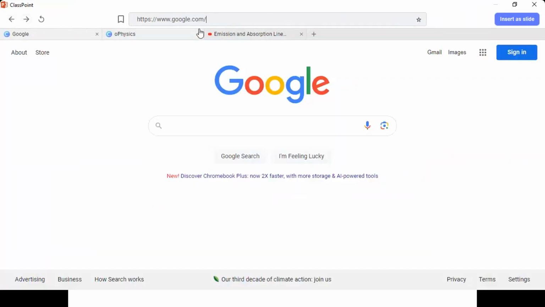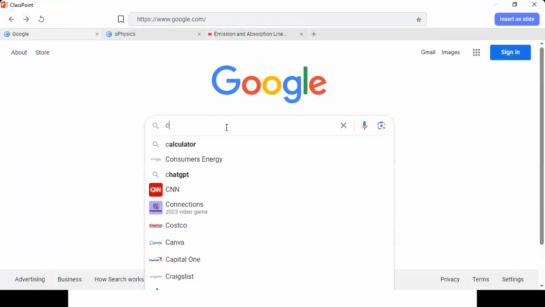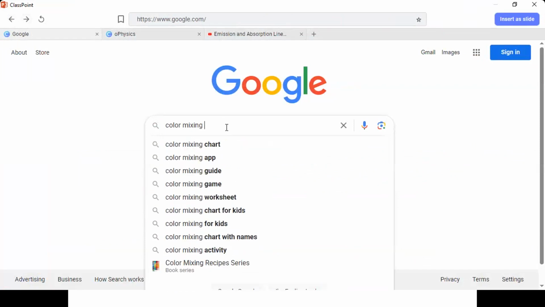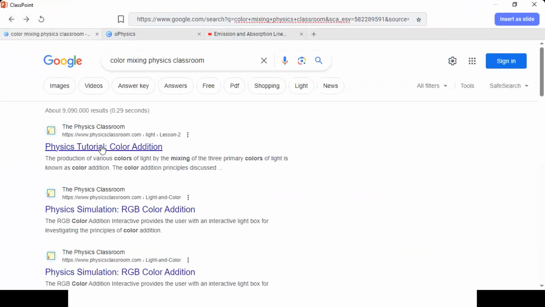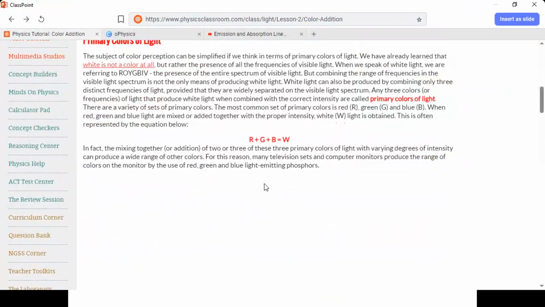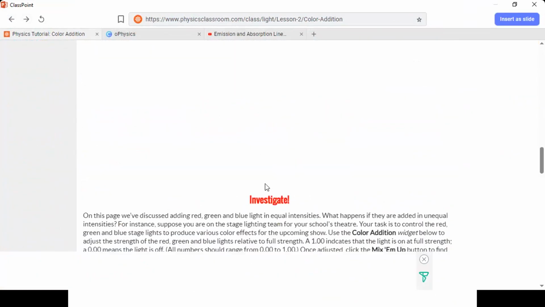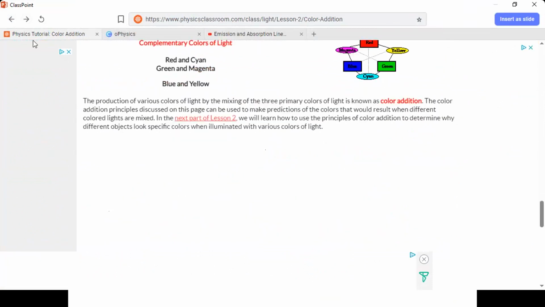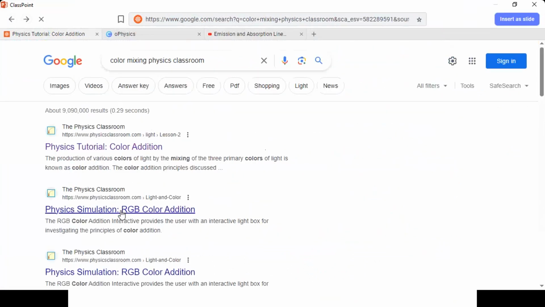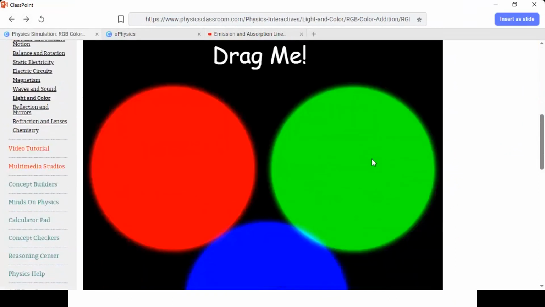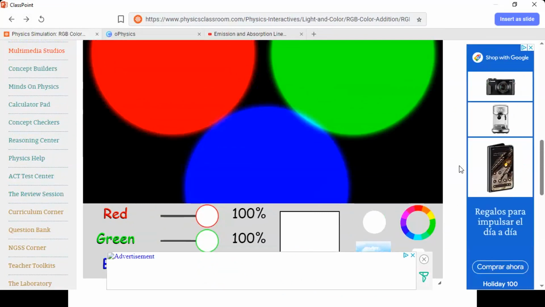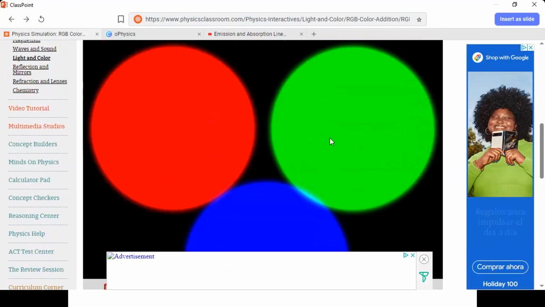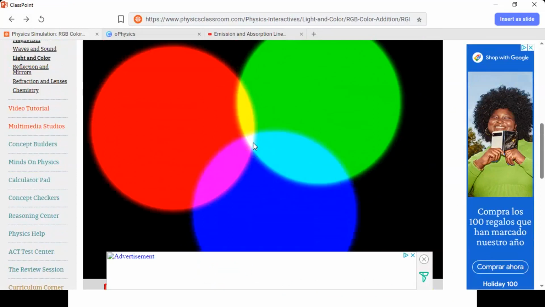Let me Google color mixing. Again, you can use a different website, it's going to be exactly the same thing.